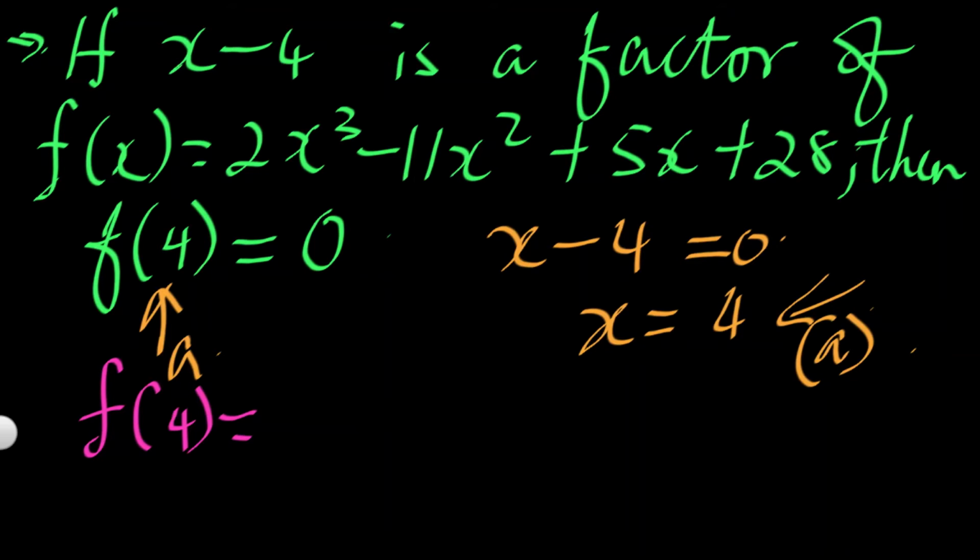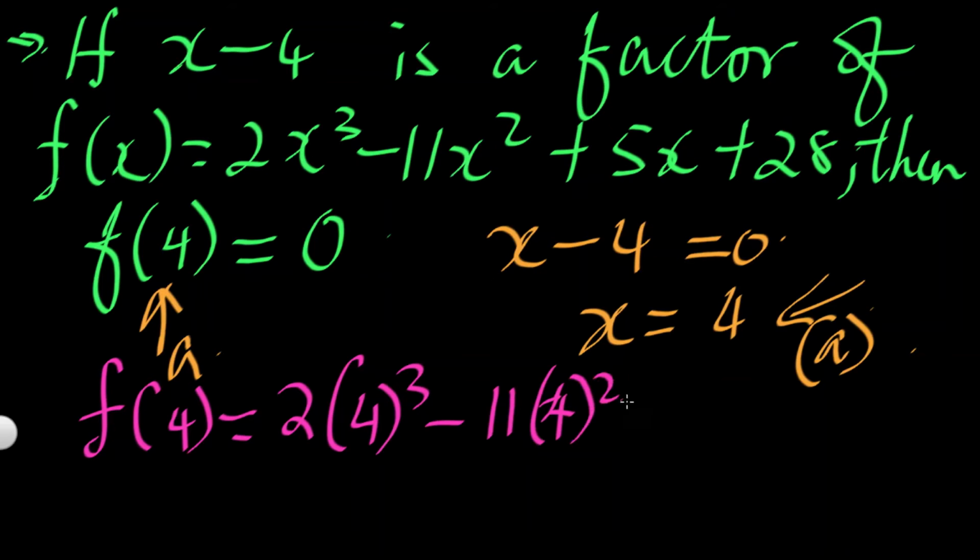Let's do that. So here we're going to have 2 times 4 cubed minus 11 times 4 squared plus 5 times 4 plus 28. If I punch all this in my calculator, I should get a 0. If I don't get a 0, I'll conclude that x minus 4 is not a factor.